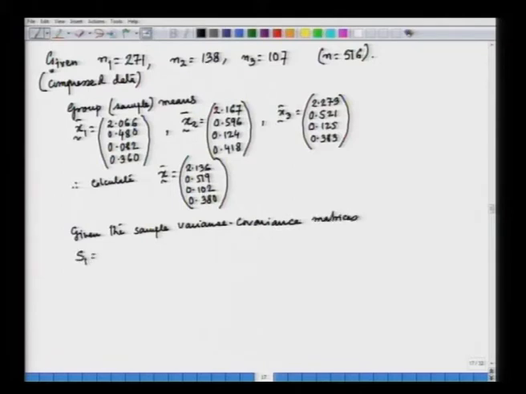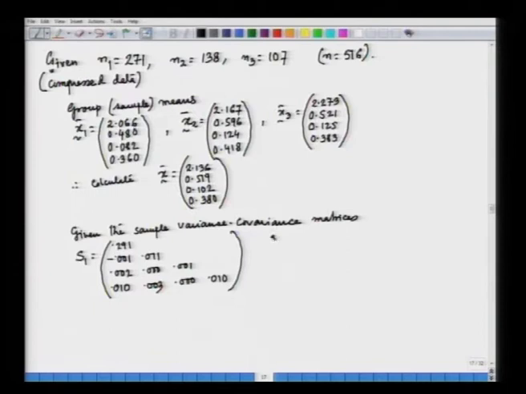I am using the notation S1 for this. This is a 4 by 4 symmetric matrix with elements like 0.291, then I have minus 0.001, the next one is 0.011, 0.002, then 0.001, and then I have 0.010, followed by 0.003, and the last element is 0.010.